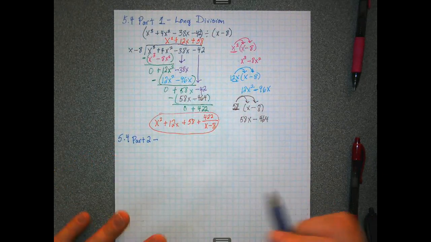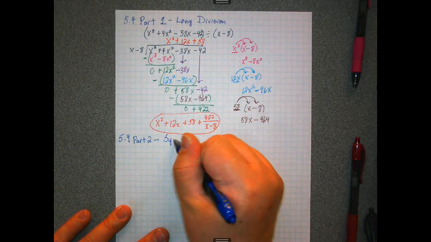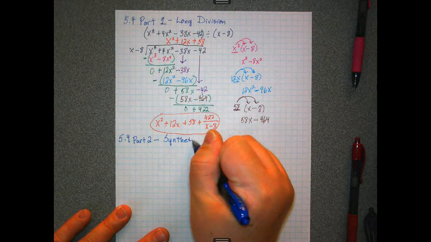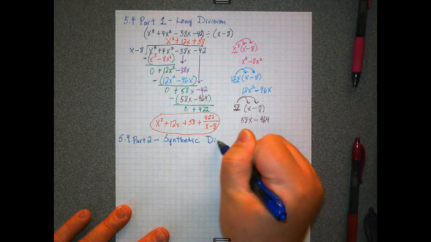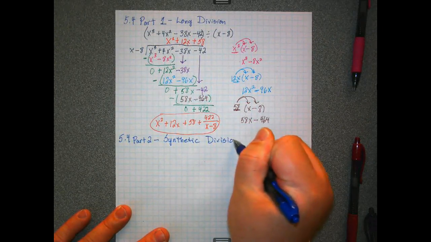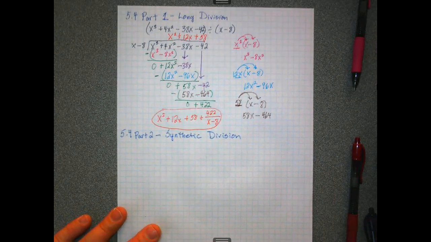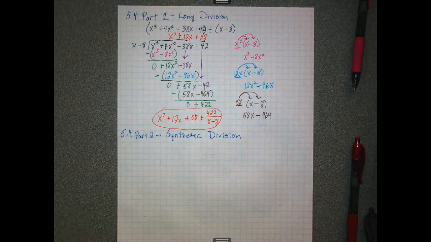Okay, part 2 was synthetic division. Okay, synthetic division. Let's see, we didn't have the variables, right?